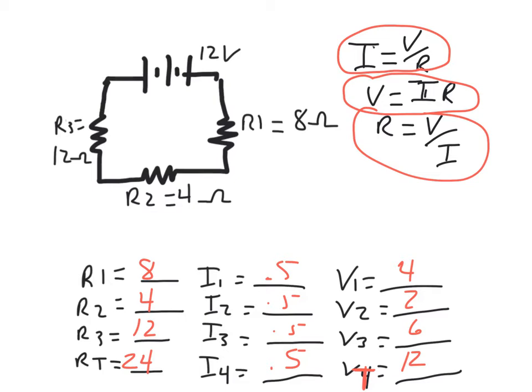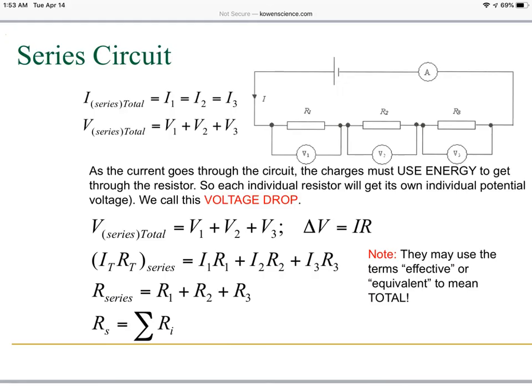My resistance is additive. 8 plus 4 plus 12 is 24, and my current is the same throughout. So in a series circuit, our current is the same throughout, our voltage is additive, and our resistance is additive. And so we can use the formulas from the previous slide, and we can solve for any missing component.